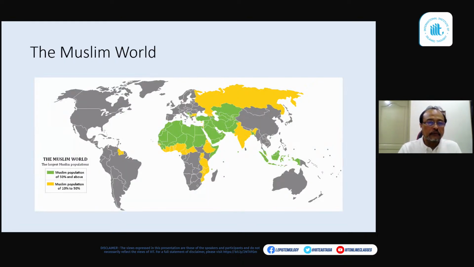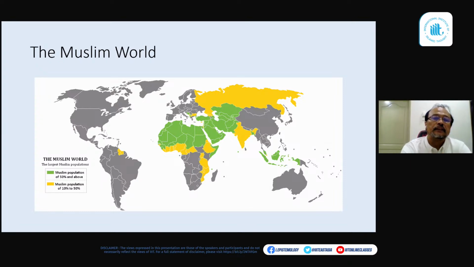Now coming to the Muslim world, this is one map that depicts the Muslim world. Of course, Muslims are all over the world, and in fact, if you do an internet search and ask in which states we don't have Muslims, the answer would probably be one, that is the Vatican City, but they are all over the world.